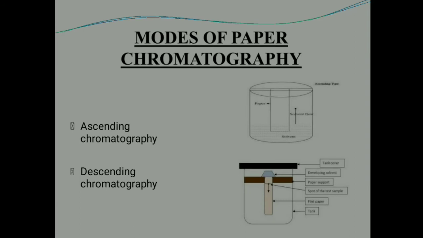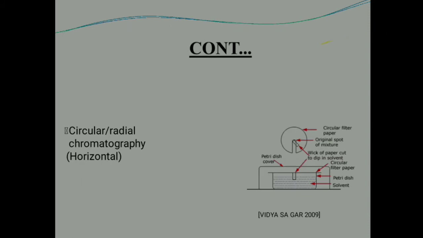Modes of paper chromatography: ascending chromatography and descending chromatography. When the movement of the solvent is from bottom to top, it's ascending. When the movement is from top to bottom, it's descending. Further, we have circular or radial chromatography, or we can call it horizontal chromatography.